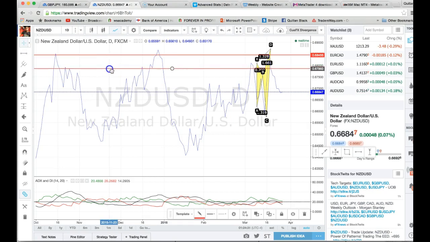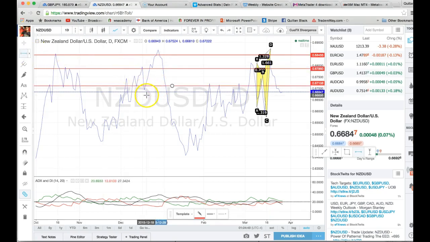But at the same time, the scanner gives me patterns that I don't really trade. I don't really trade crabs, or I don't chart them. I don't see them in the markets as easily as I see butterflies and bats and stuff like that. But it definitely helps big time, and it cuts the learning curve dramatically for new students that are trying to learn harmonics. So it's pretty dope.